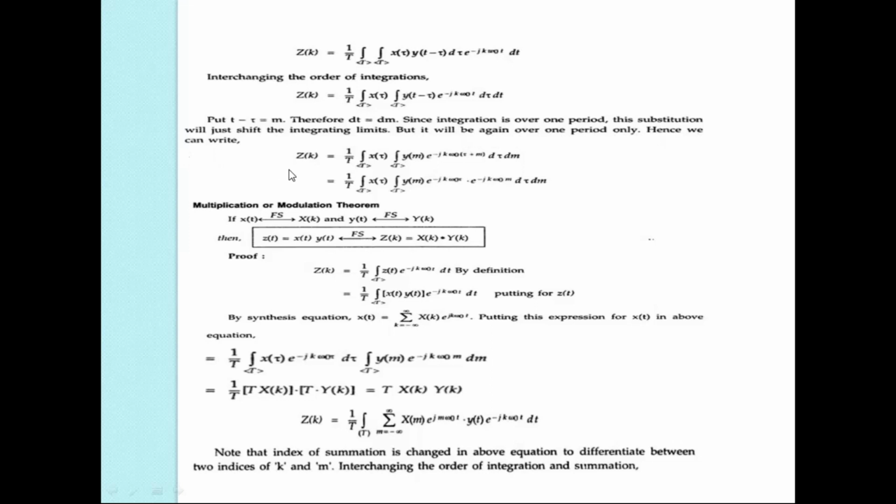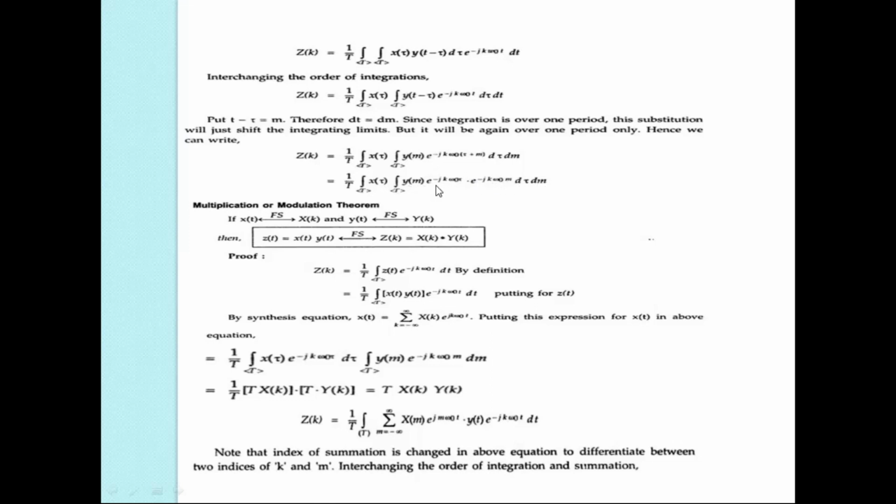Hence we can write z of k is equal to 1 by T, the integral over T of x of tau, and the integral of y of m, e power minus jk omega naught, now t is m plus tau, d tau, and dt equal to dm. So 1 by T, the integral over T of x of tau, the integral over T of y of m e power minus jk omega naught m dm, times e power minus jk omega naught tau d tau.